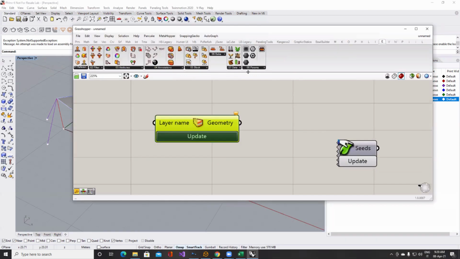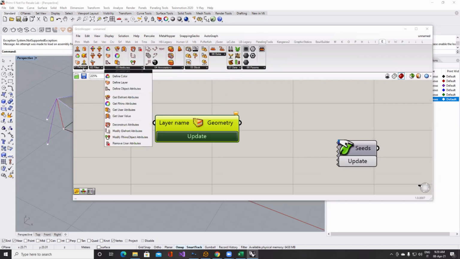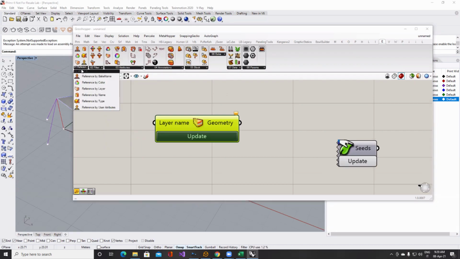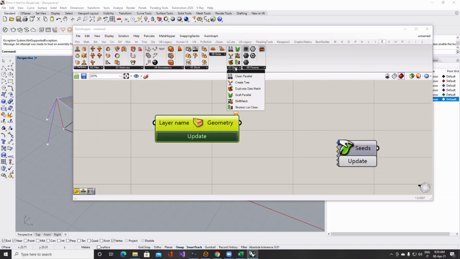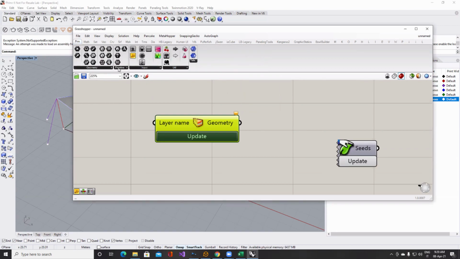So what we need now is the layer. I think we have here a list of layers somewhere. I don't find it. It doesn't matter. We will use the layer names. So I just click here, and the first layer that we want to reference is the poles.